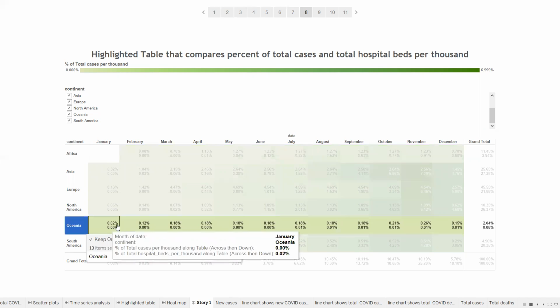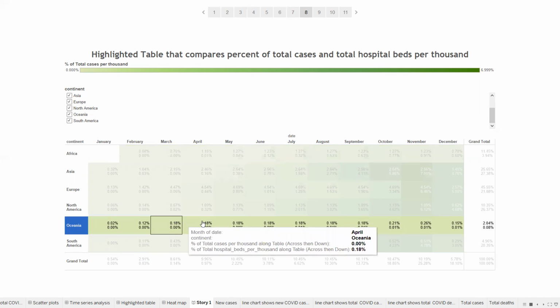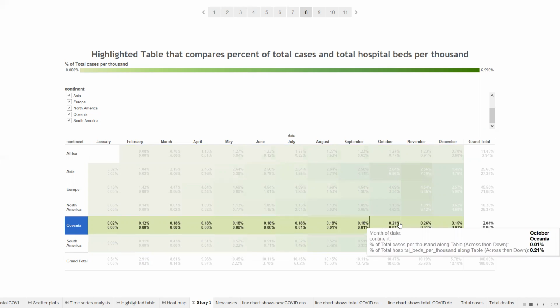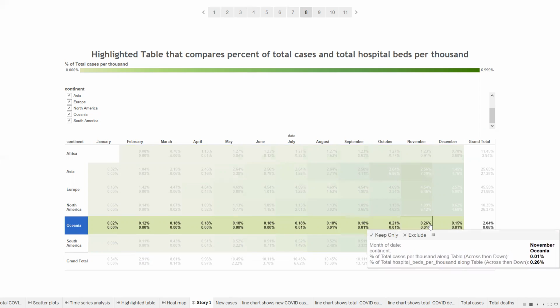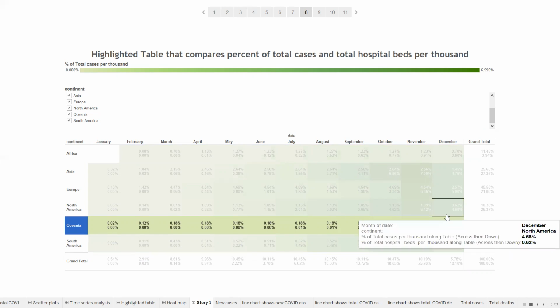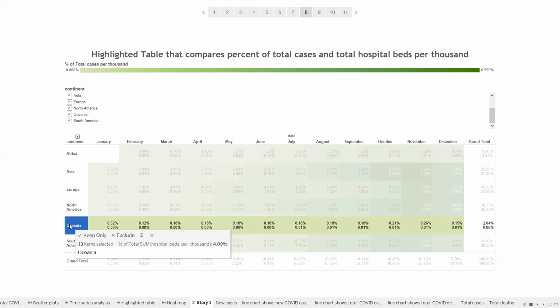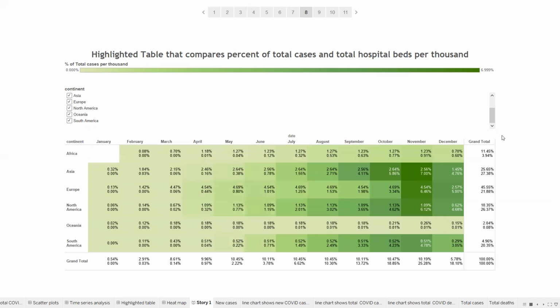And let's say for Oceania, we see that the percentage of total COVID cases per thousand is below the percentage of total hospital beds, which is again a good indicator, like we see in the case of Africa. In this way, we can analyze our highlighted table.